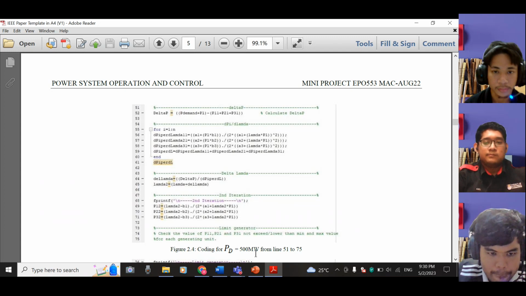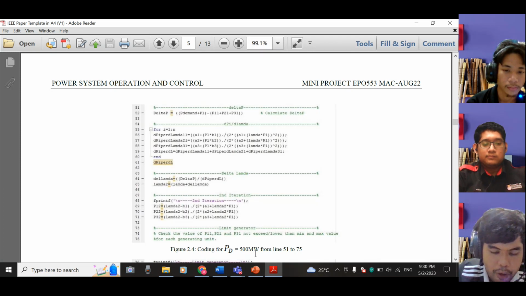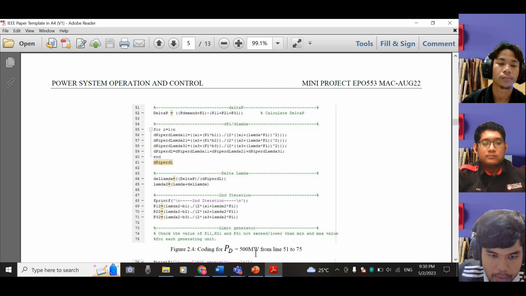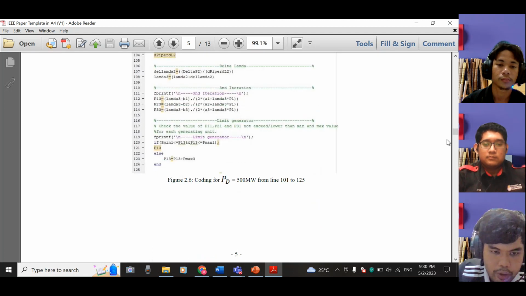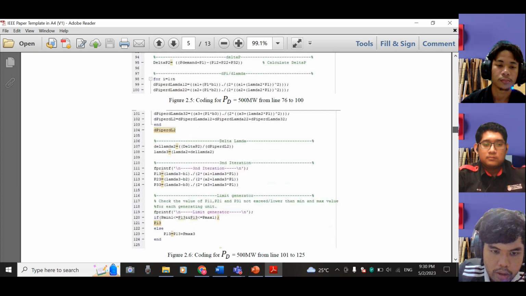At line 67, it shows that we have made the second iteration for our mini project at the 500 megawatt power demand. So we can see in the next picture, the same concept we have used to get the value for the second iteration.